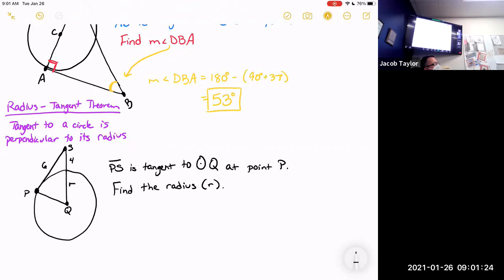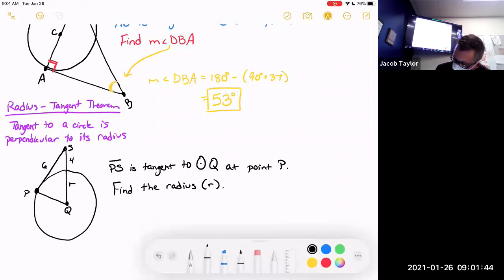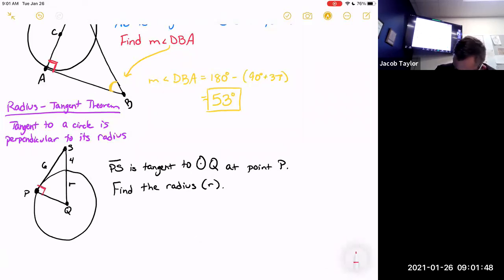We are working with circles, and we do a lot of triangles, but now we're doing circles and triangles at the same time. So what can we do? Well, that's a right angle, because we were told that it's tangent. So the radius tangent theorem says that's a right angle.